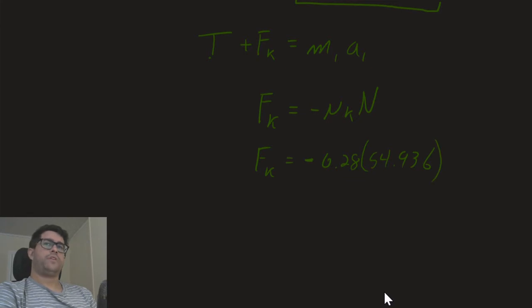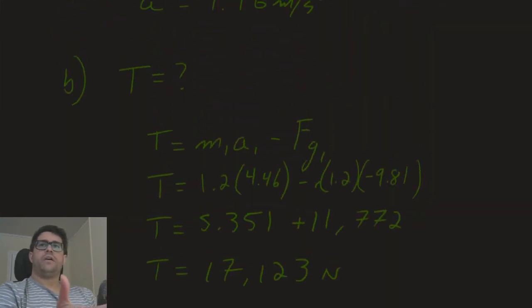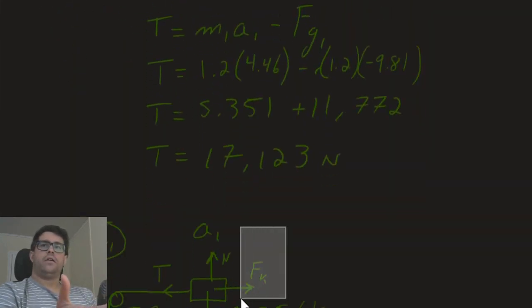N is a positive vector because it's pointing up. This is positive, everything's good. So in this case, fk is minus, because normally that's the equation. But is it true in this case? Is fk a minus value or a positive value?